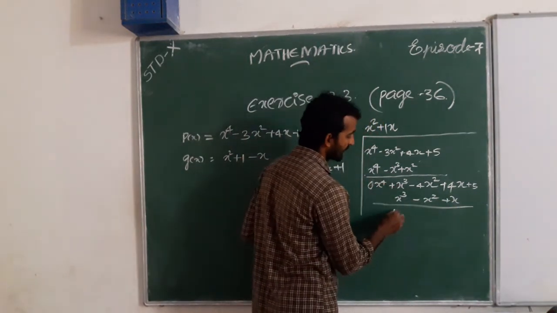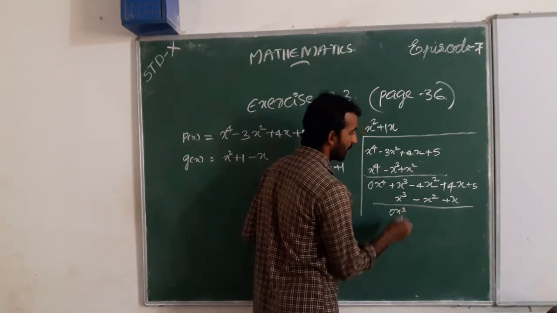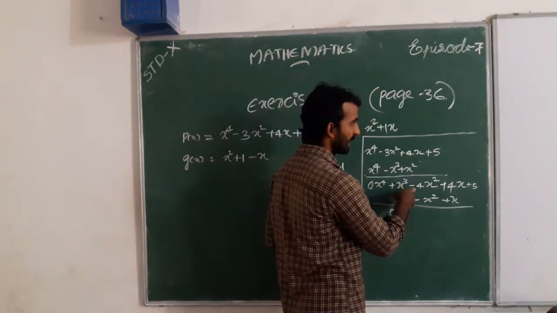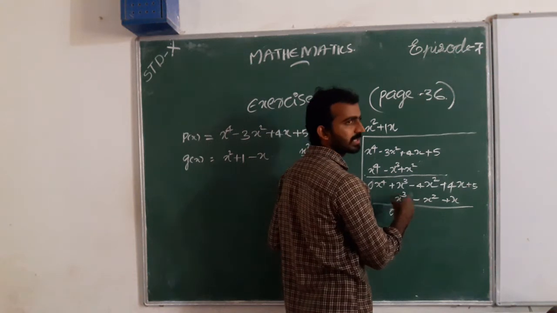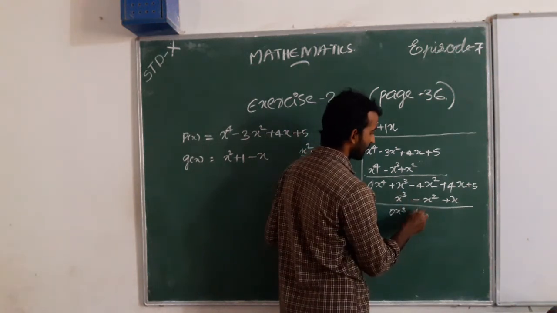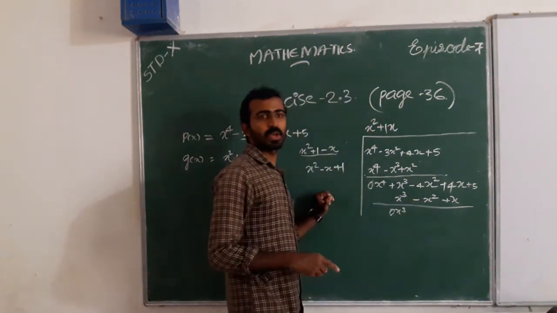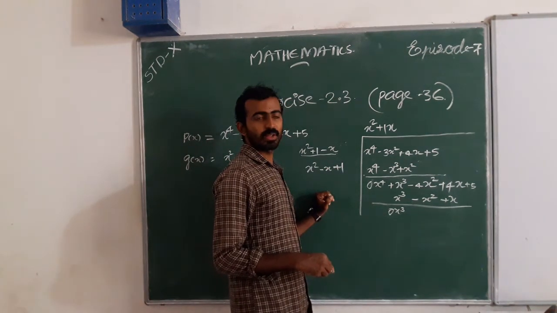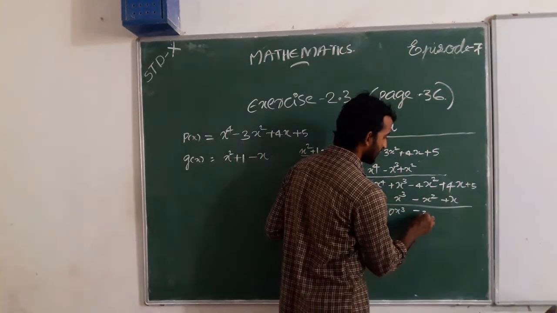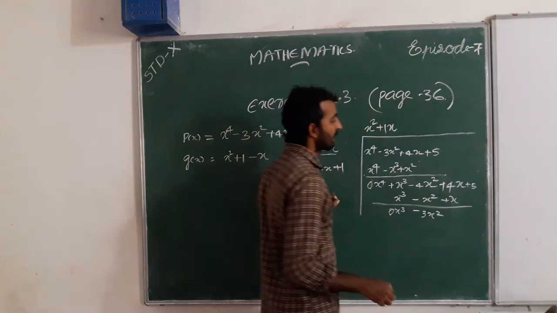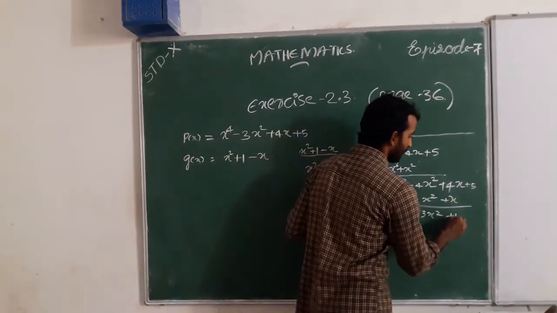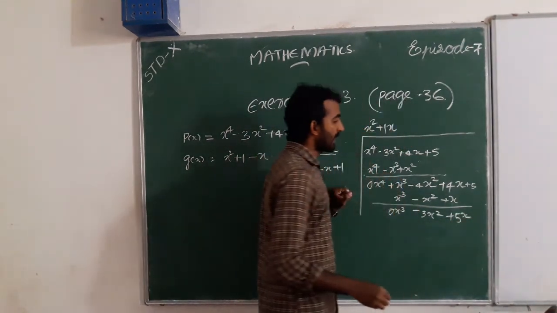Here we get 0x cube, minus 4x square plus x square, that is minus 3x square, plus 5x.